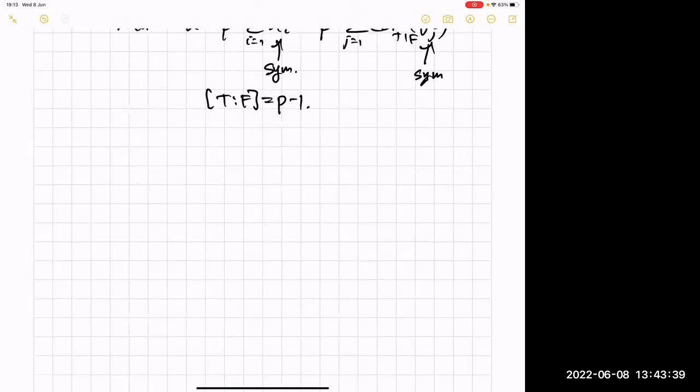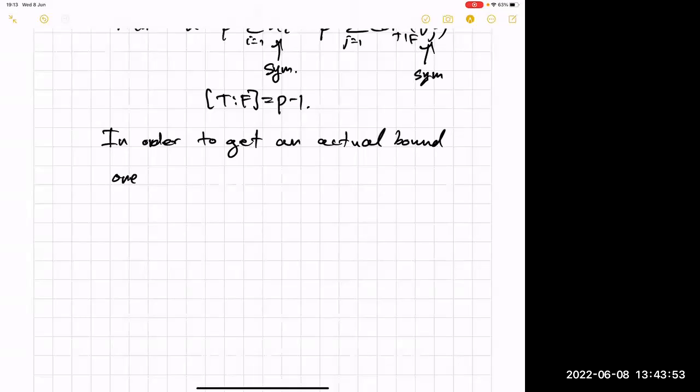But what I can for sure say is the following: in order to get an actual bound, one needs to get a Rosset-Tate kind of theorem.